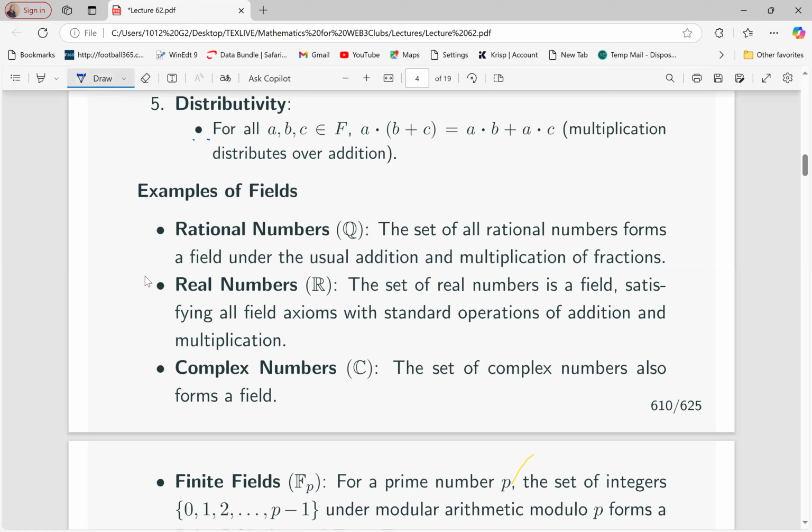So again, the real numbers form fields, even the complex numbers. What are complex numbers?